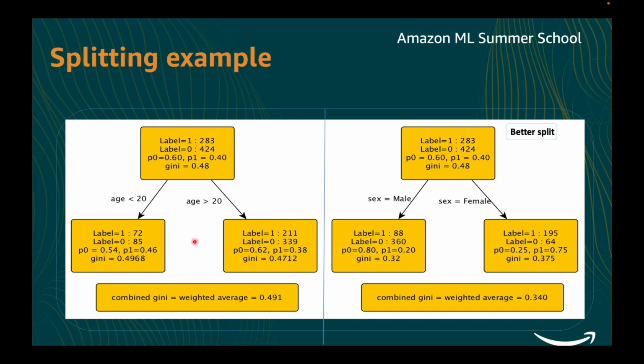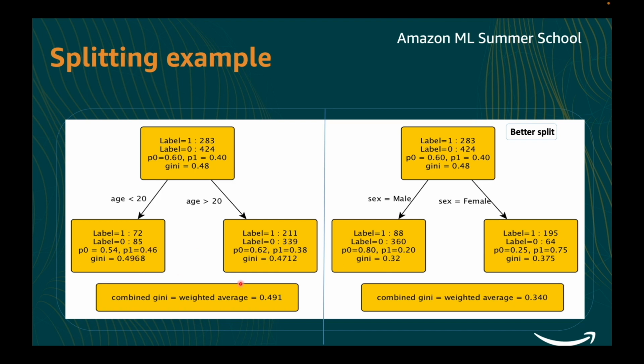Over here we've used the Gini impurity criteria, and we'll explain what Gini impurity is in the next slide. But you can see that the Gini impurity of this node, where age is less than 20, is 0.49, and of this node, where age is greater than 20, is 0.47.